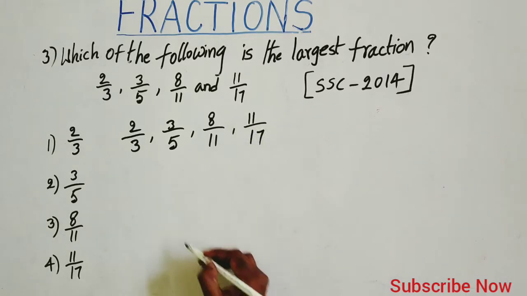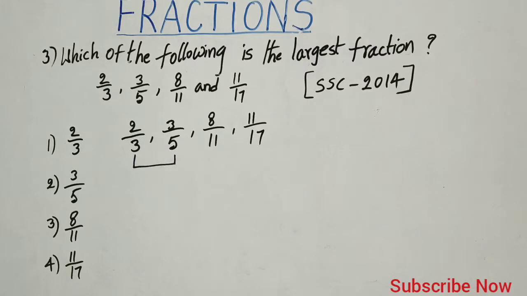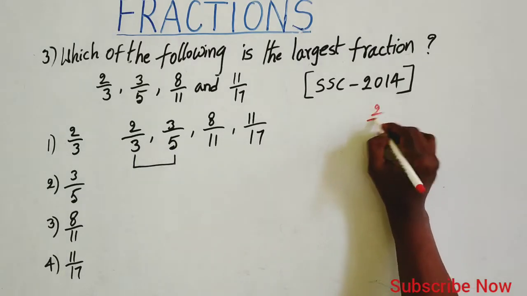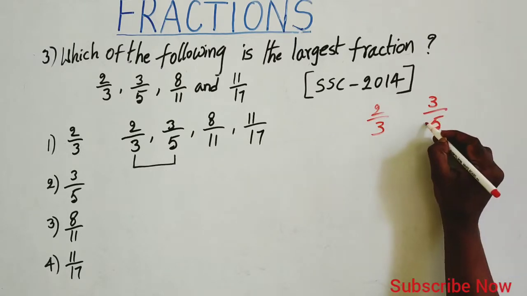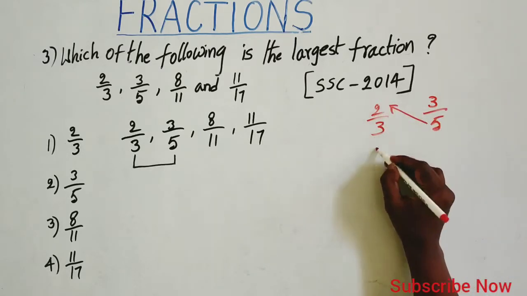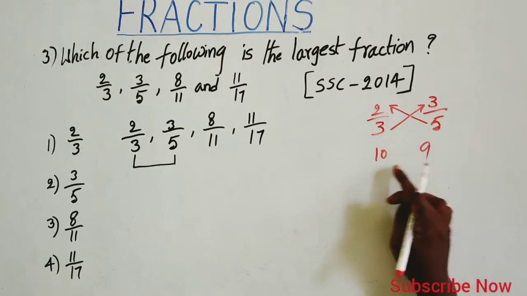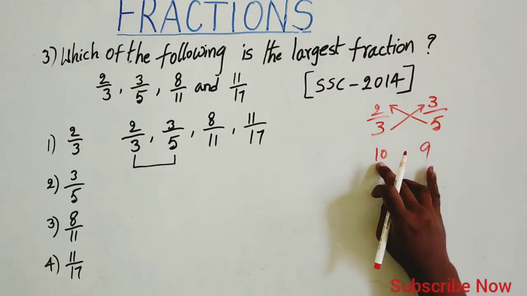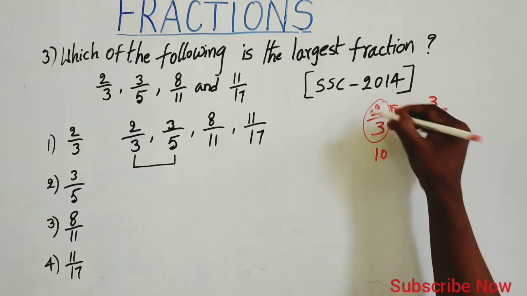So just like in the previous example, first let's take these two fractions, 2 by 3 and 3 by 5. Now you cross multiply these two. 5 2s are 10 and 3 3s are 9. So between these two, 10 is larger than 9. So 2 by 3 is the larger fraction.